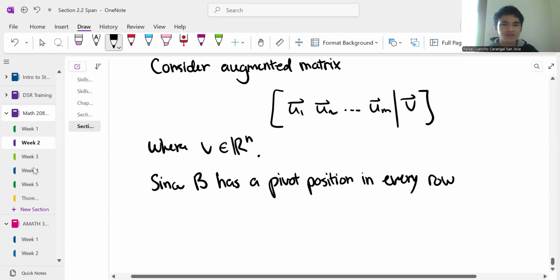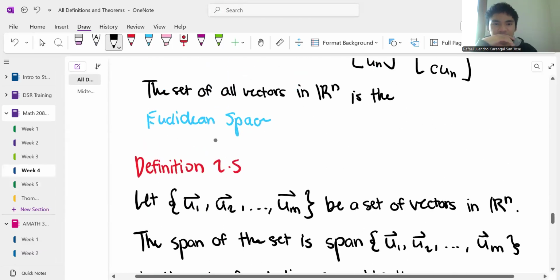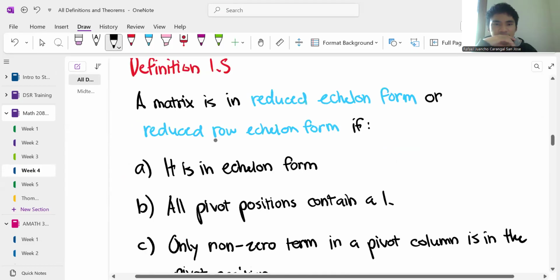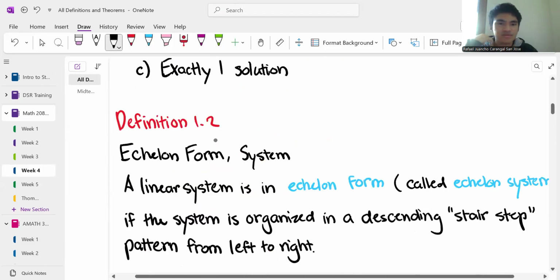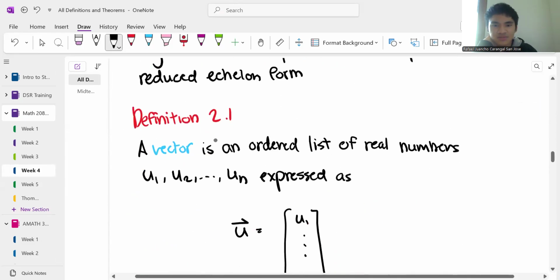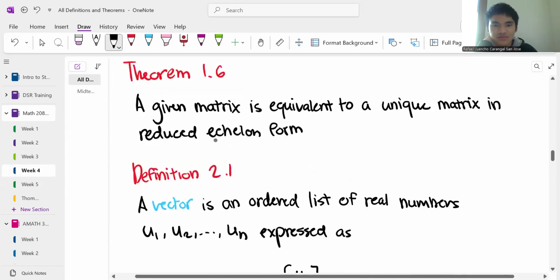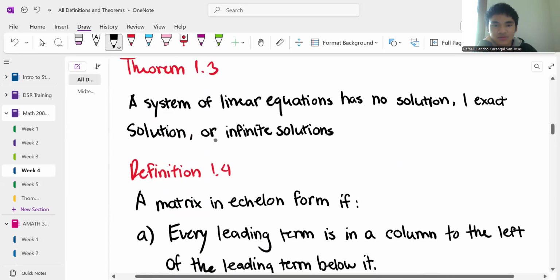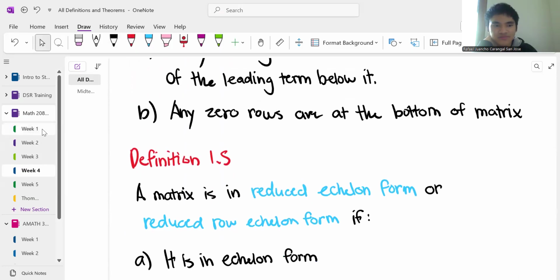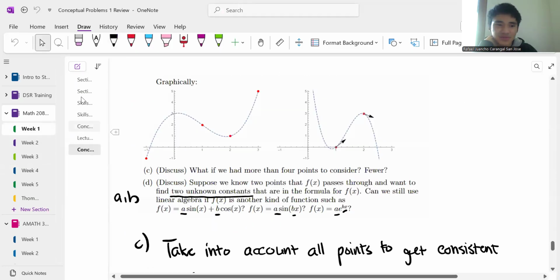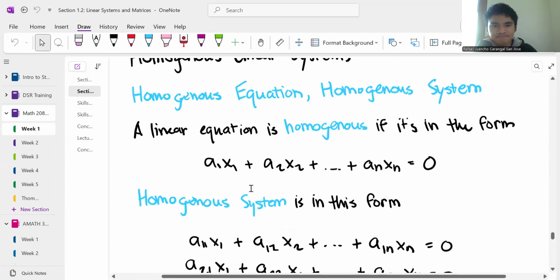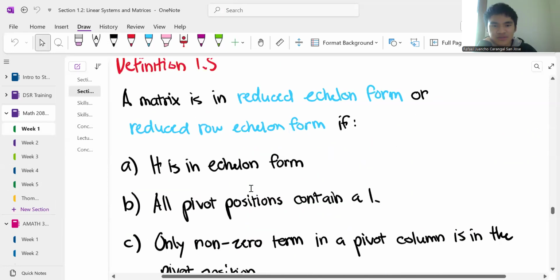Here's all my definitions. What does it mean to have a pivot position again? Oh, it's not here. Okay, it's in chapter 1. Probably here. Homogeneous. Backward.